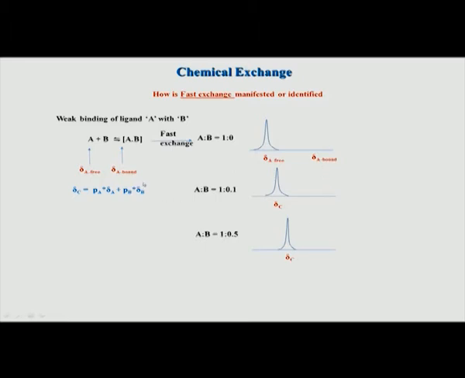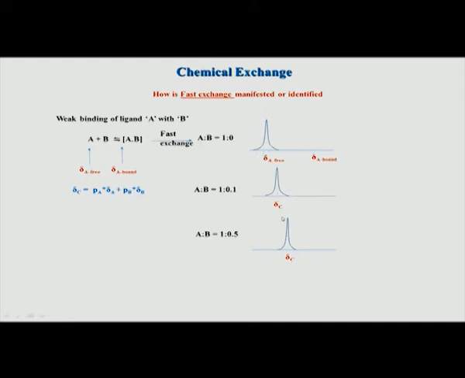Because now I am increasing the population fraction of the bound form, and therefore, my total chemical shift is now getting more weighted towards the bound form. So, the peaks are shifting. This is a very interesting thing that you can find out.